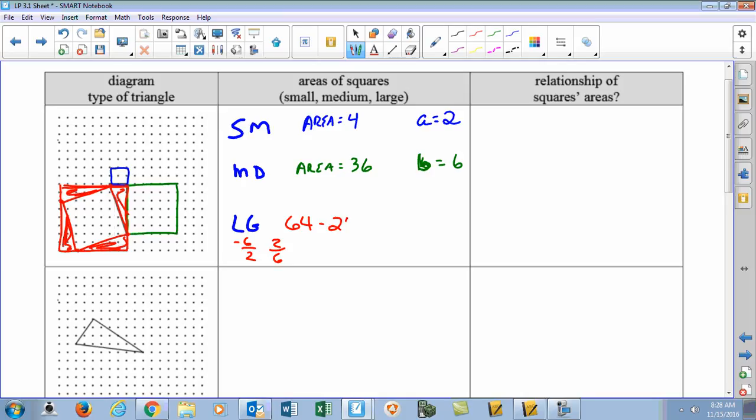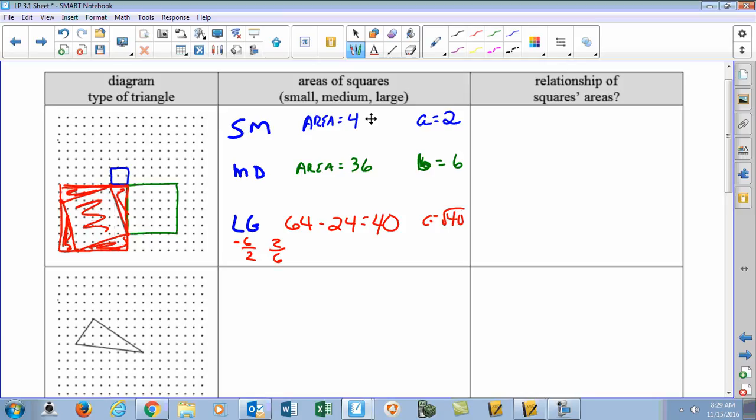So we're going to subtract 24 from 64 to give us 40. So if our area is 40 of this guy right here, the big square, what's the side length? What do we do to the area to find the side length? We take the square root. So the side length is the square root of 40, because that's not a perfect square, right?